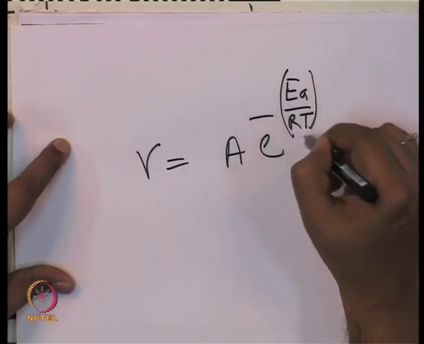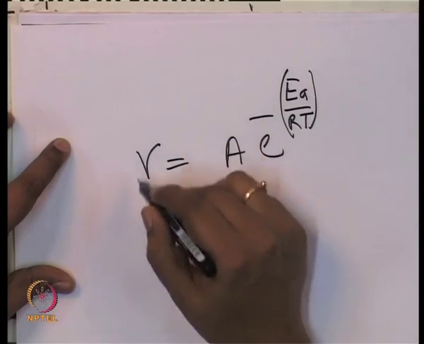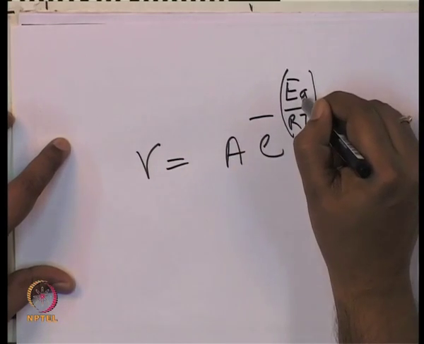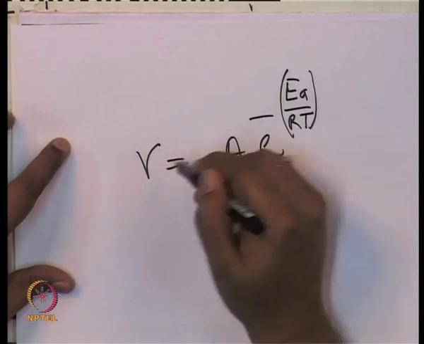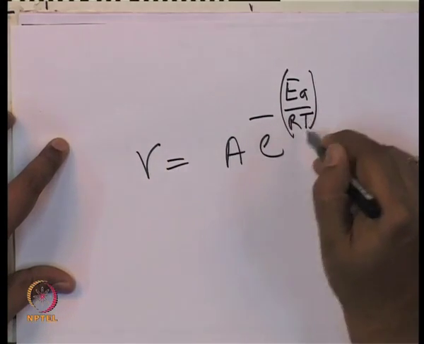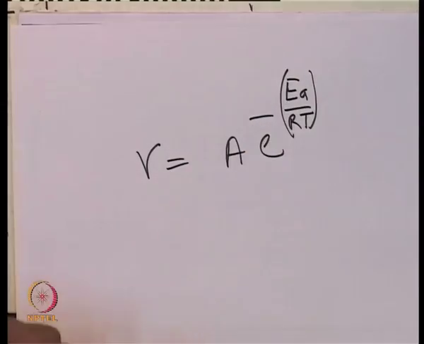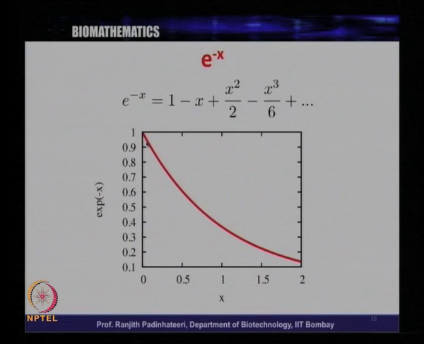Whenever this thing in the bracket increases, the rate of reaction decreases. The higher the activation energy, the lower the rate of the reaction is. So, this is an exponentially decreasing function, e power minus of something. You can see here this curve e power minus x decreases as x increases. So, this is another example.